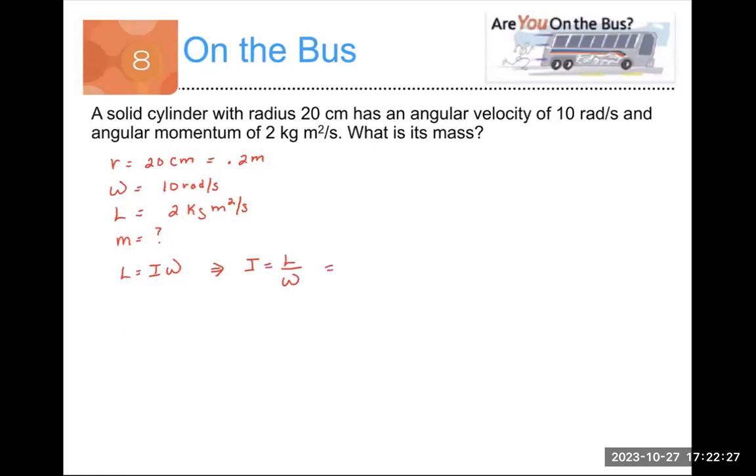So we have our L, which is 2 kilogram meters squared per second, divided by our omega, which is 10 radians per second. So that's going to be 0.2 kilogram meters squared.